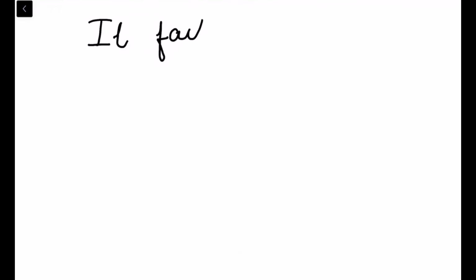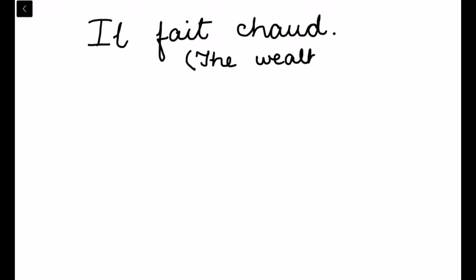It is il fait chaud. Il fait chaud. Here it makes hot. That means here the sense becomes the weather is hot. This il is for weather. Okay, so the weather is hot. So this is an expression of faire basically.